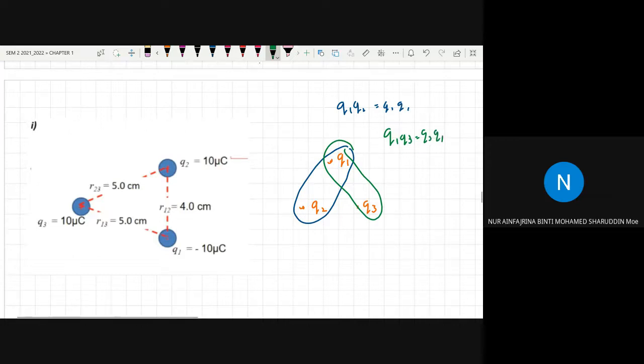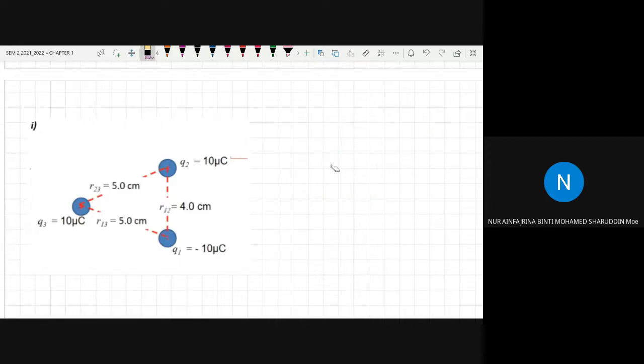Okay, done. And then, I buat macam ni pula. So Q2, Q3 sama je dengan Q3, Q2. No problem. So it's just a labeling as long as you have both charge there. And you guna ketiga-tiganya. Faham ke? Oh, faham Miss. Are you sure? Betul ke faham? Yes, thank you Miss. Alright, okay. Okay, try to answer this question.